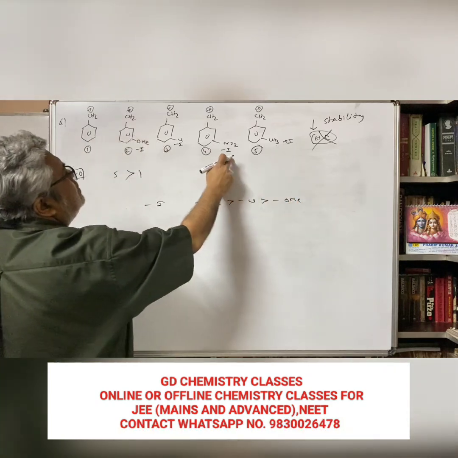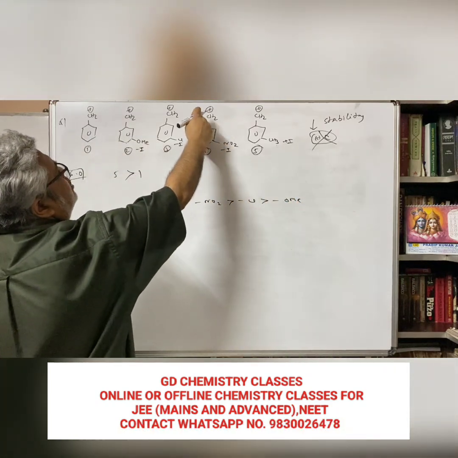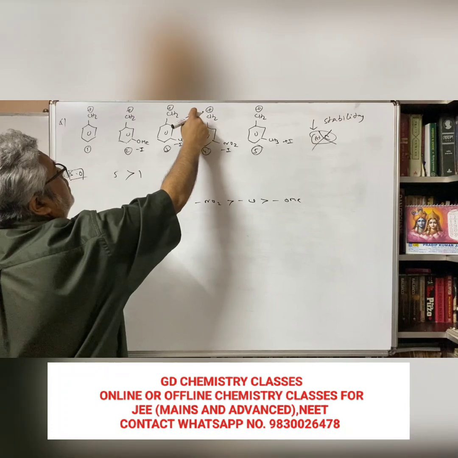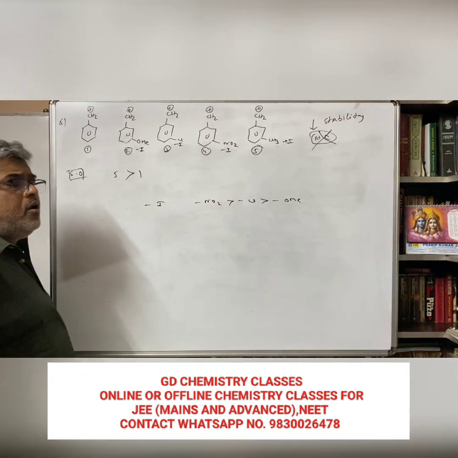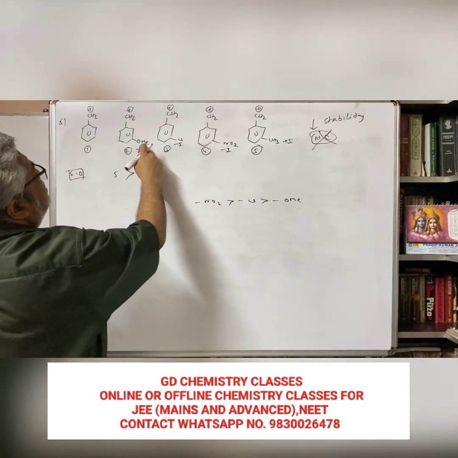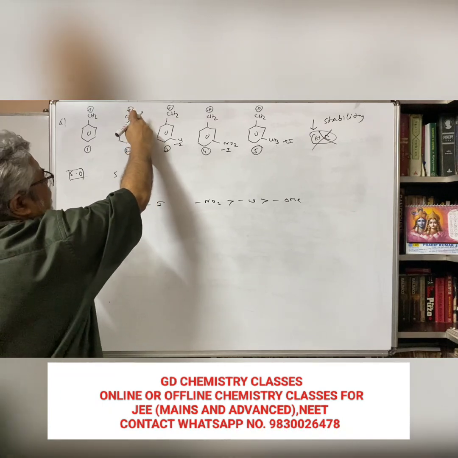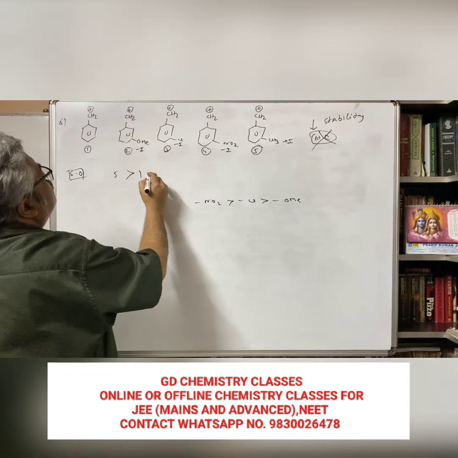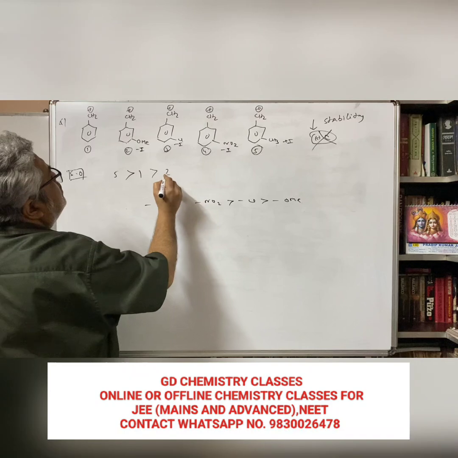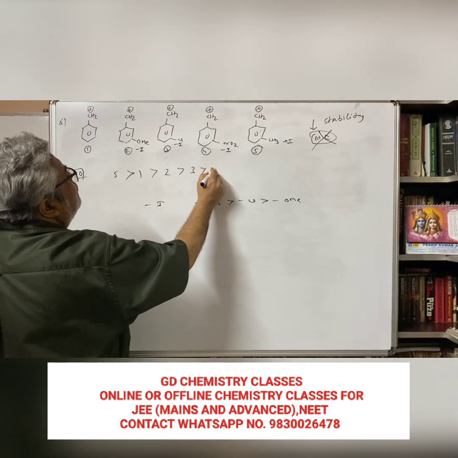So nitro is exhibiting maximum minus I effect, making this the least stable or most unstable of the three, and this has the least minus I effect, making it relatively more stable among the three. So it will be 5, 1, 2, 3, 4.